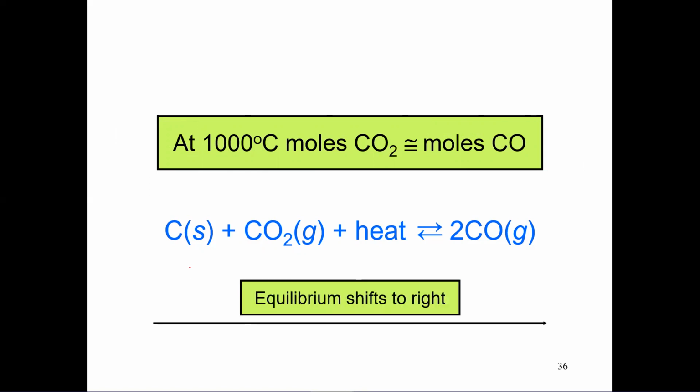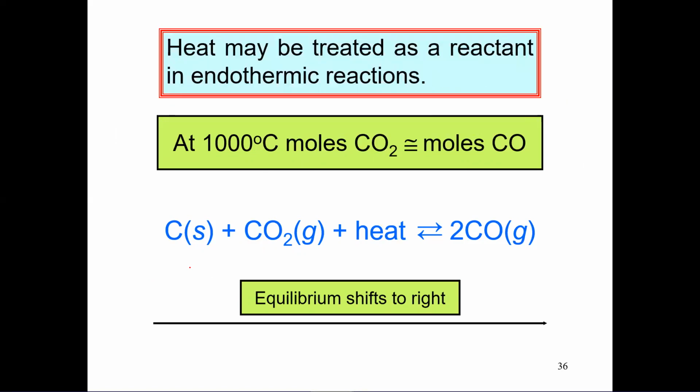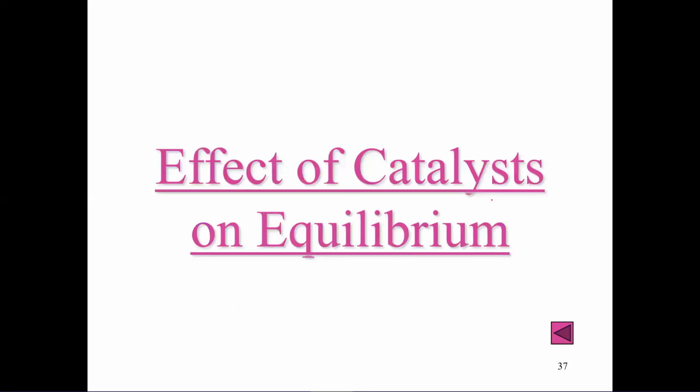The equilibrium will shift to the right because essentially what you've done is added heat to this system. Adding heat will force it to go to the right, because you're changing the reaction conditions and enabling the activation energy to change.